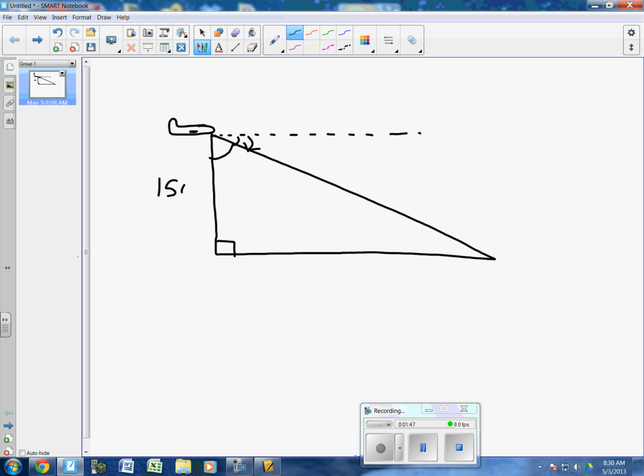Okay, so that's the vertical distance. It's got to descend 1,500 feet over a horizontal distance of 9,000 feet. So you have those two figures right there. I would just find that angle right there, subtract it from 90, and you've got your angle of descent, which is this angle right here.